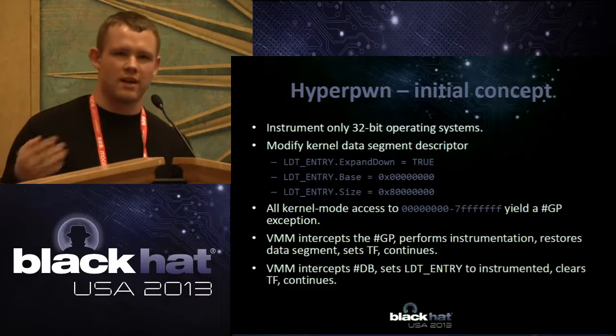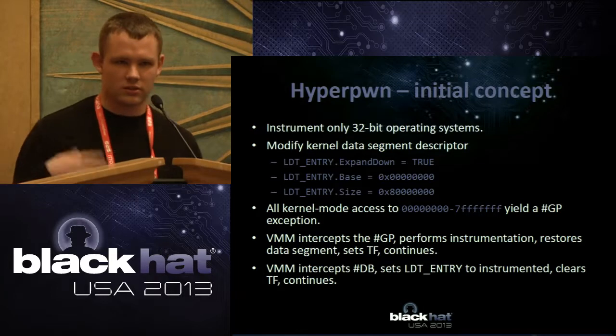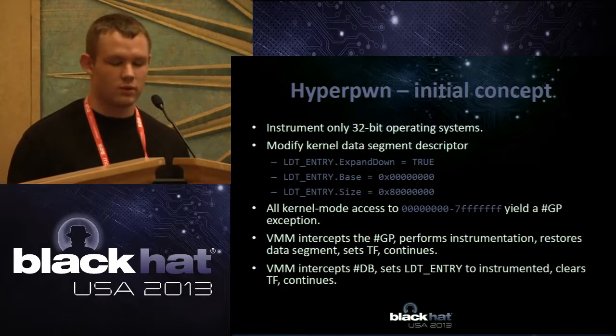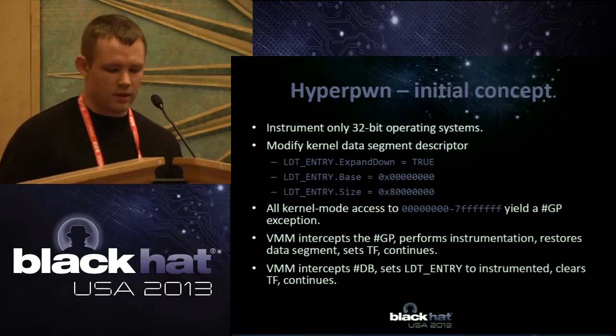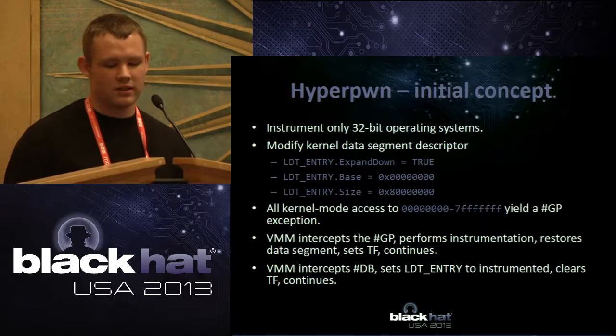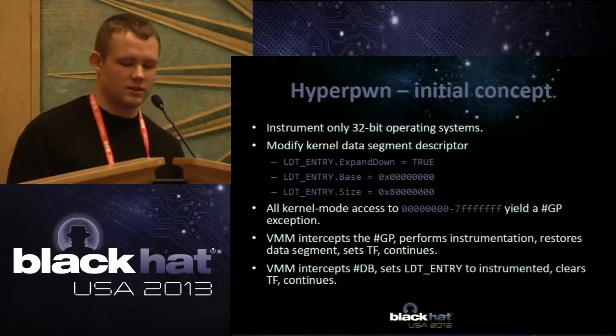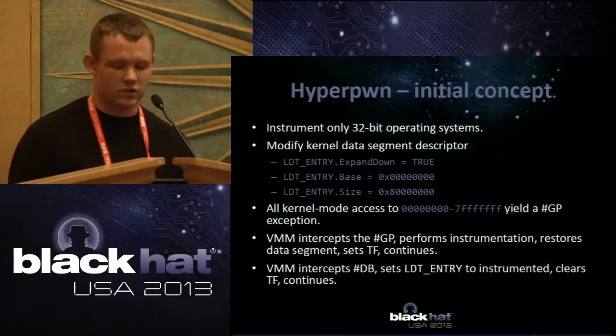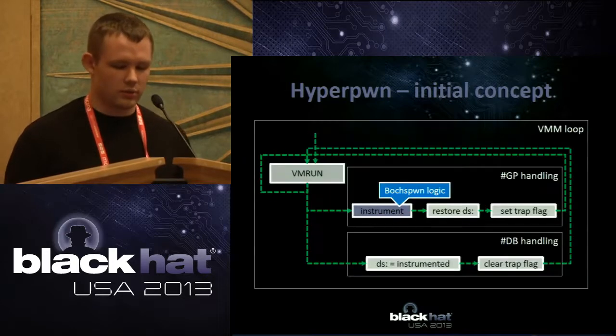That would result in having the same base as the kernel's, so all of the memory fetches would still work, but an exception would be generated for all fetches from user mode performed by the kernel. So the VMM would intercept the exception, perform the instrumentation in the same way as in Bochspwn, and then restore the data segment and set the trap flag, so the one instruction can execute and then continue. This would be pretty straightforward.